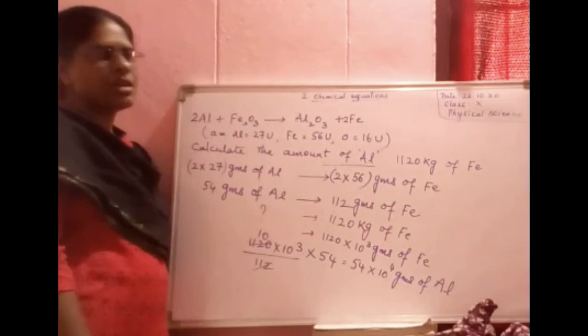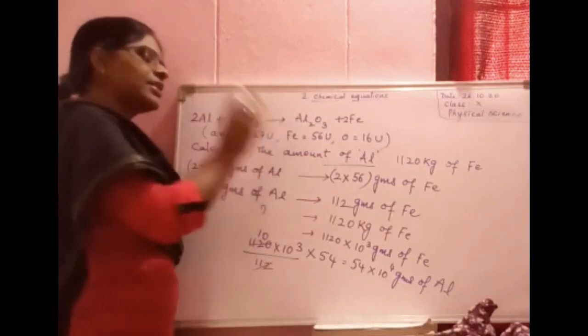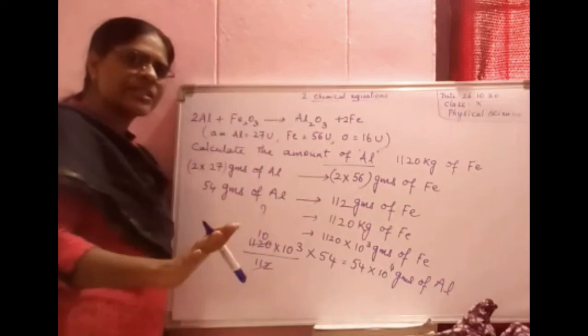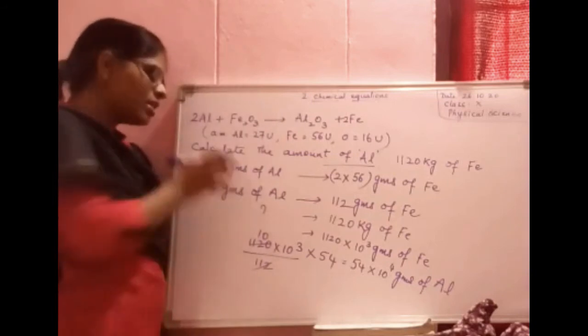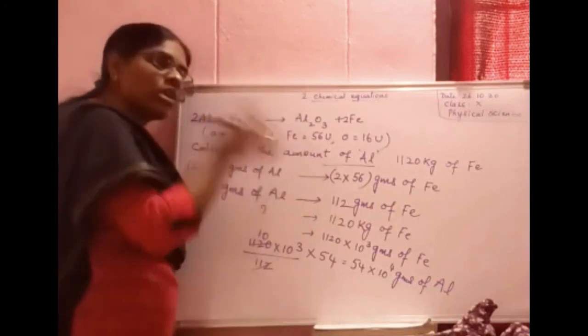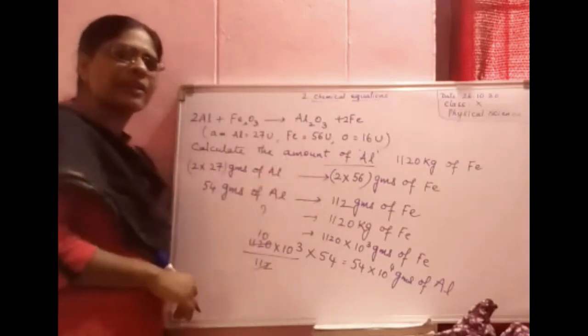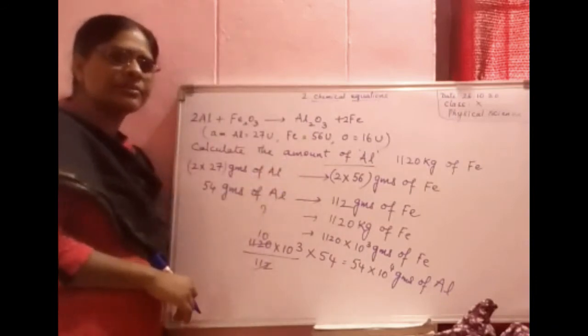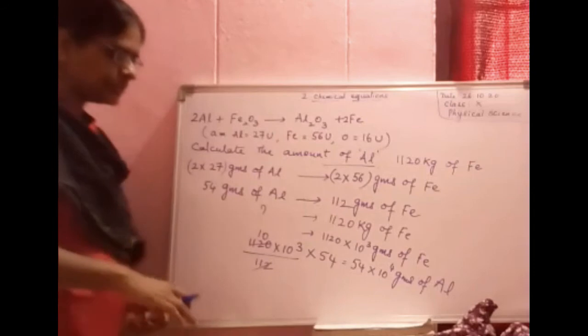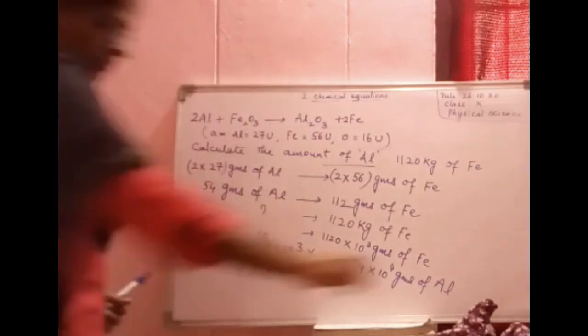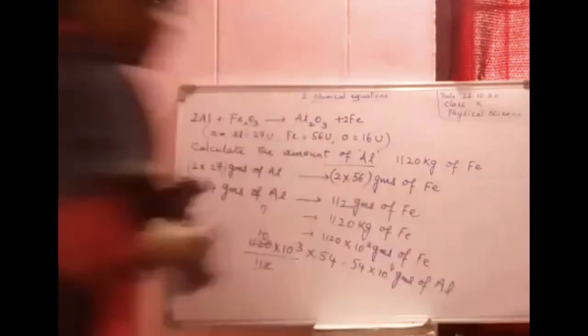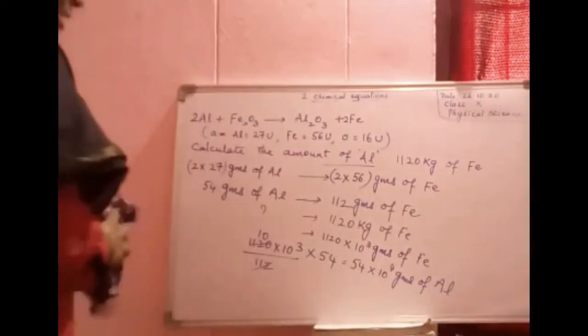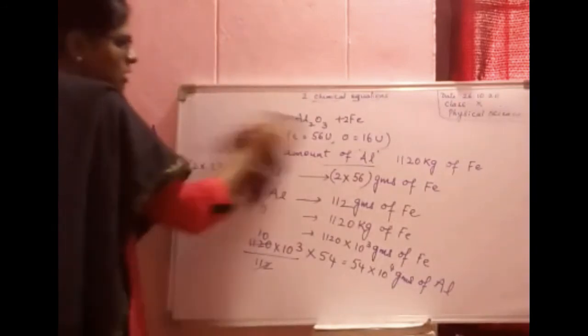Okay children, first say whether the given equation is balanced or not. Then look at the problem, what he is asking you to find. Next, let us solve another problem based on this.